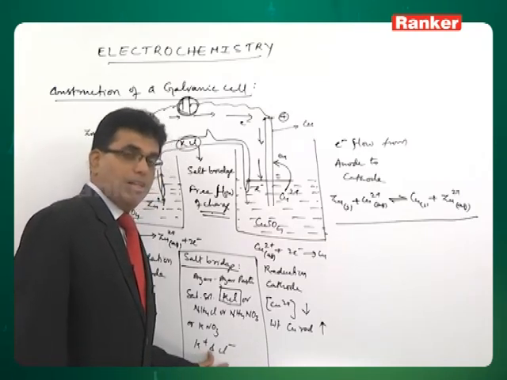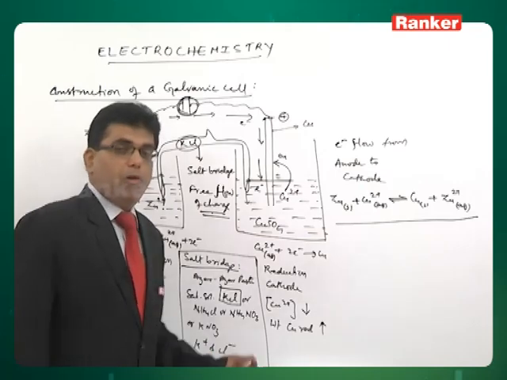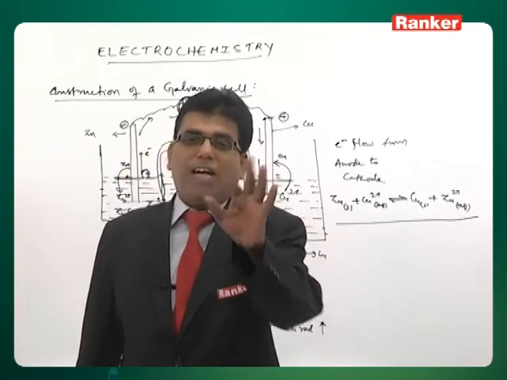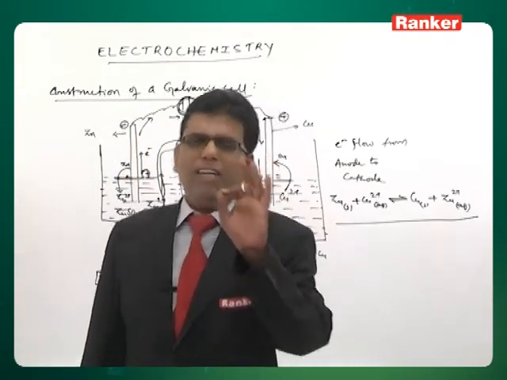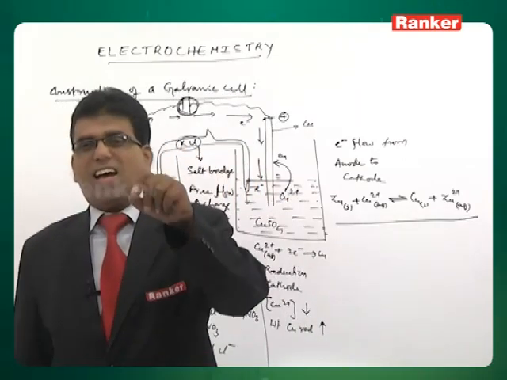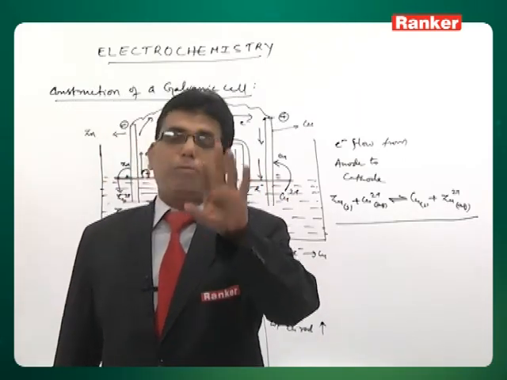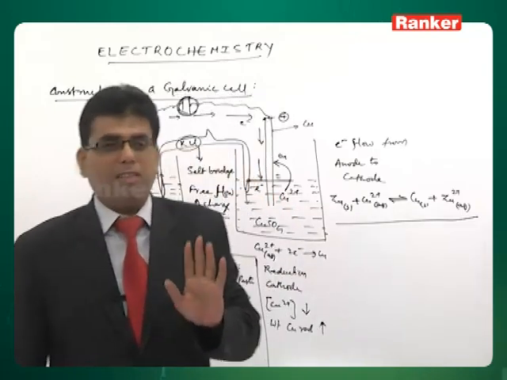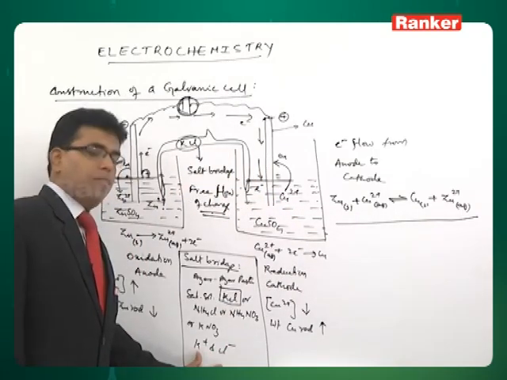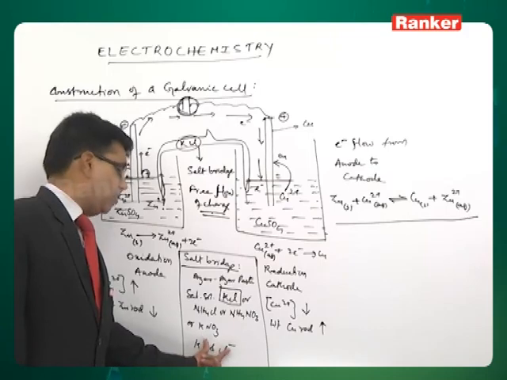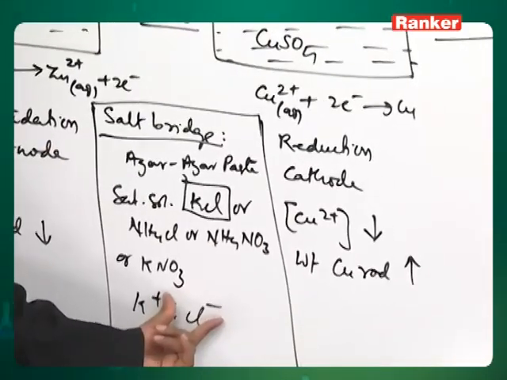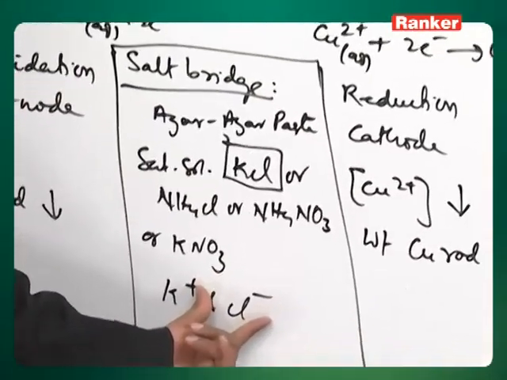Point number 2, the mobility of both the ions should be identical. Mobility of both the ions, or charge carrying capacity of both the ions, should be the same. That is another very important condition. K plus and Cl minus are isoelectronic and have similar charges of similar magnitude.